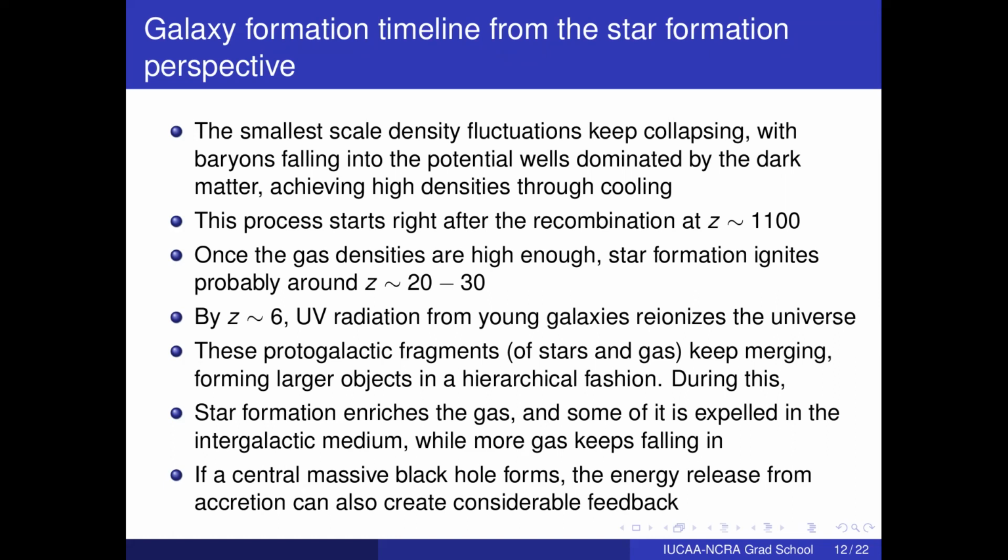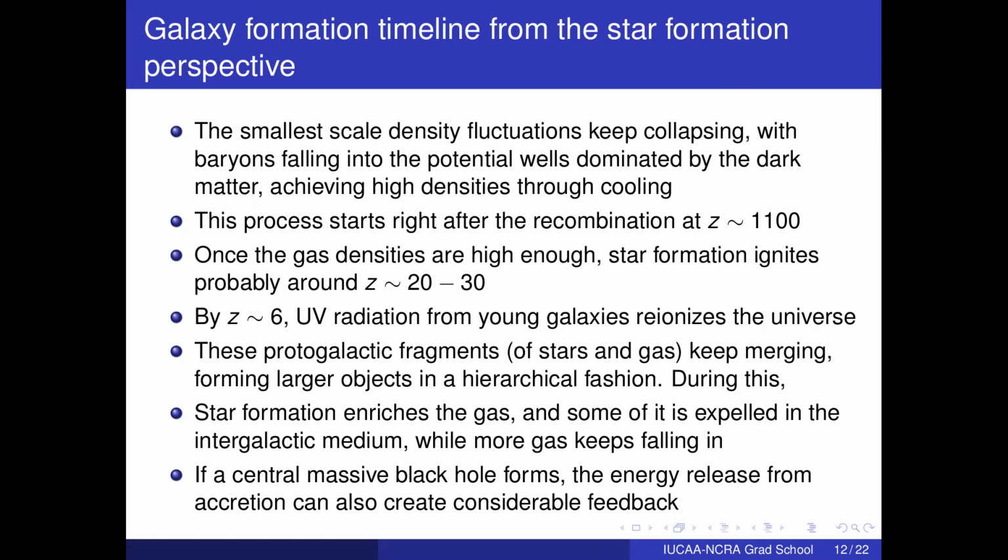We don't know when, we'll know with the JWST, but probably around a redshift of 20 or 30. And by z equal to 6, we know by studying the spectra of distant quasars that the UV radiation from stars in young galaxies has reionized the universe. These protogalactic elements of stars and gas keep merging, forming larger objects in a hierarchical fashion.